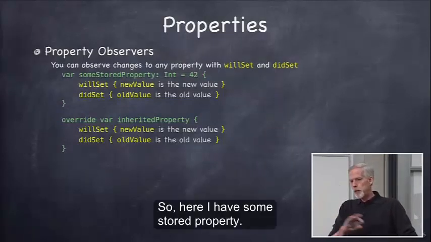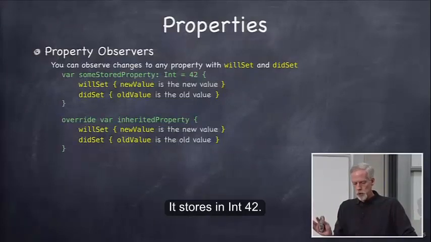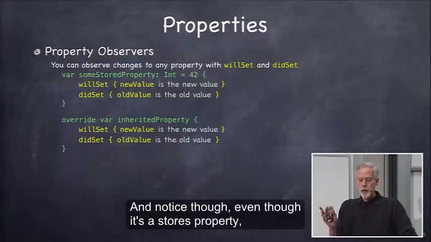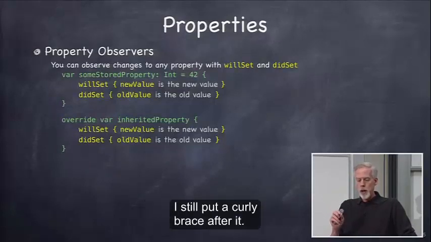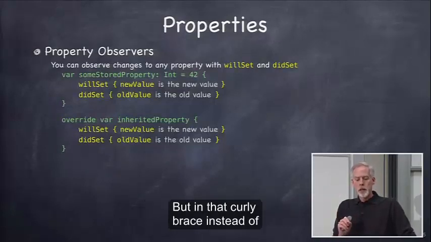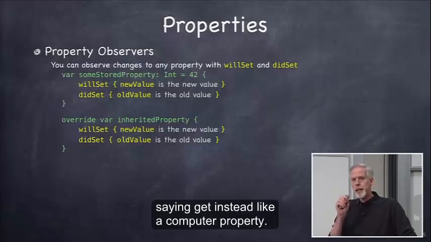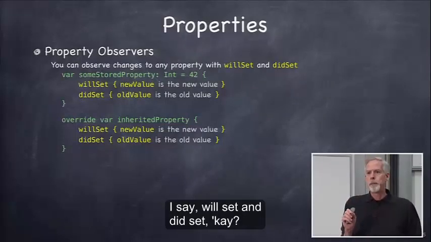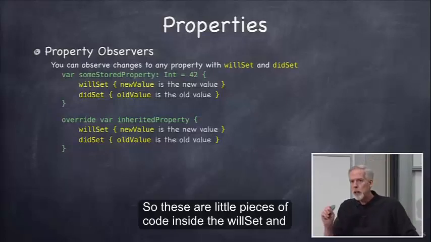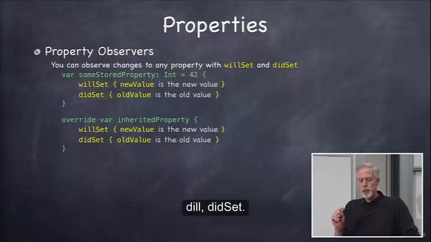So here I have some stored property. It stores an int, 42. And notice though, even though it's a stored property, not computed, I still put a curly brace after it. But in that curly brace, instead of saying get and set like a computed property, I say willSet and didSet. These are little pieces of code inside willSet and didSet.